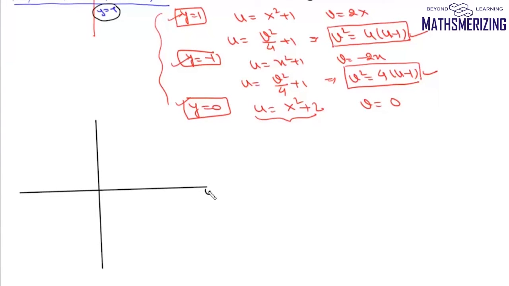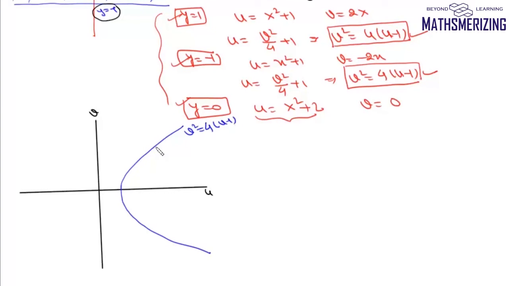Now this is u and this is v. Now this is y square equals 4ax. So it represents a parabola opening rightwards and shifted 1 unit to the right. So we can draw this parabola as v square equals 4 into u minus 1.